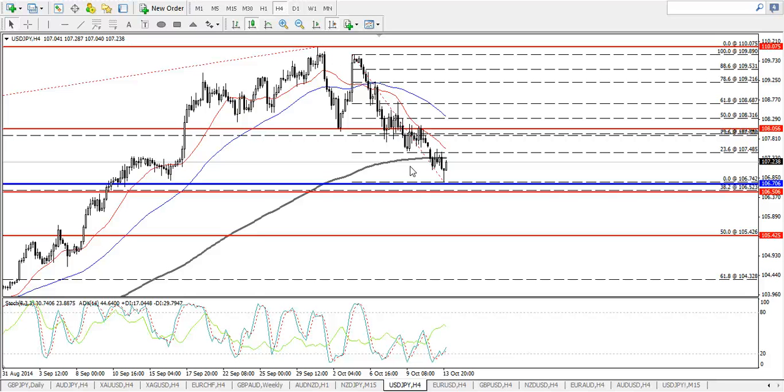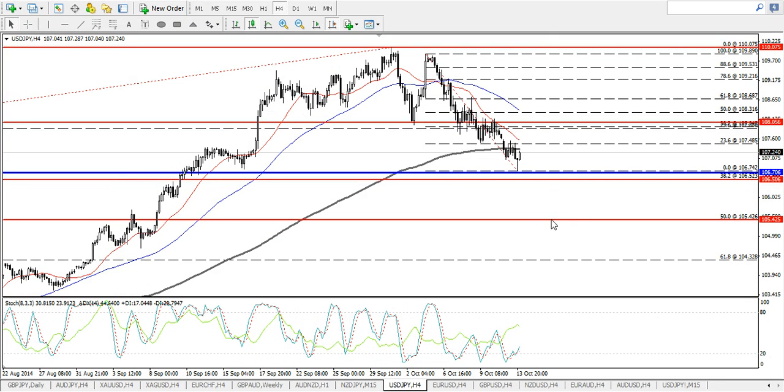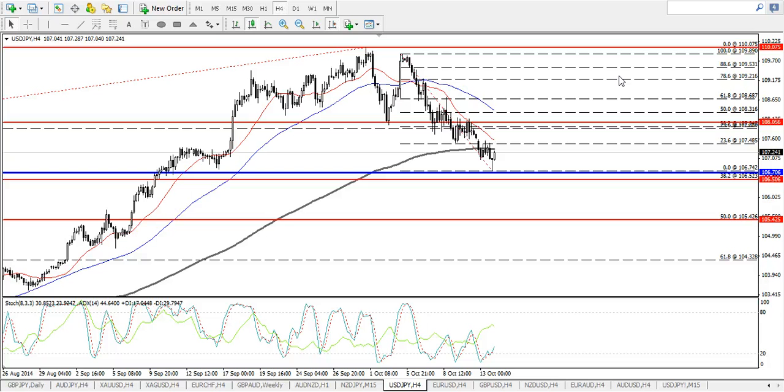The next level is the Fibonacci retracement level of 50% at 105.42. That is the key support level I'm looking at for price to make a real rebound and appreciate all the way up, following the major trend itself.